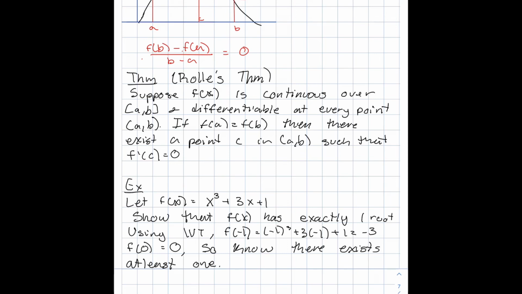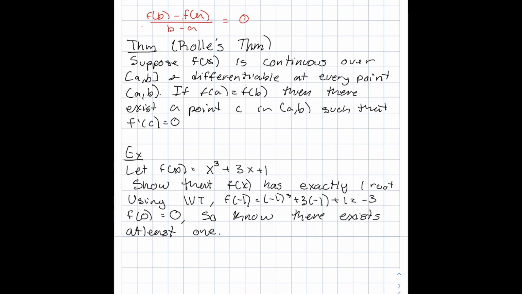I can show that if the derivative never equals 0, then there's no other value for f of a to equal f of b, right? So if we find f prime of x, we know that is going to be 3x squared plus 3.